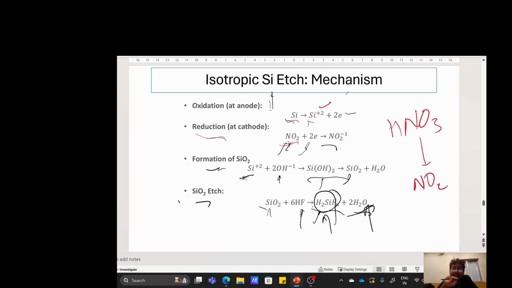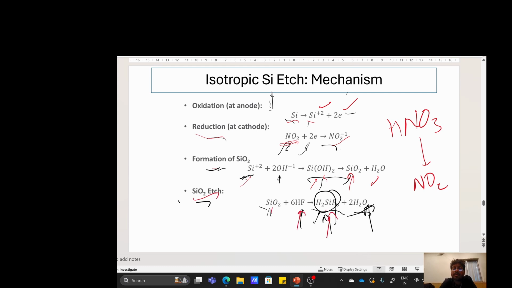This NO2 will take 2 electrons and convert into NO2 minus. Now this will form silicon hydroxide, which will be converted into SiO2 plus water. So now SiO2 is etched in HF.